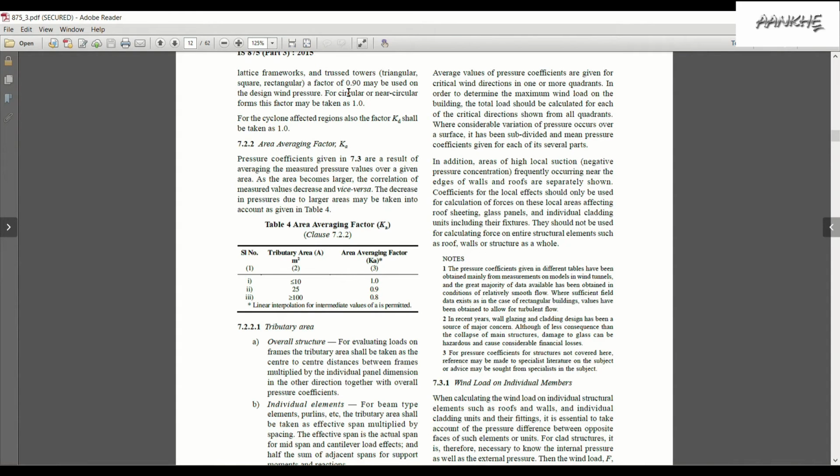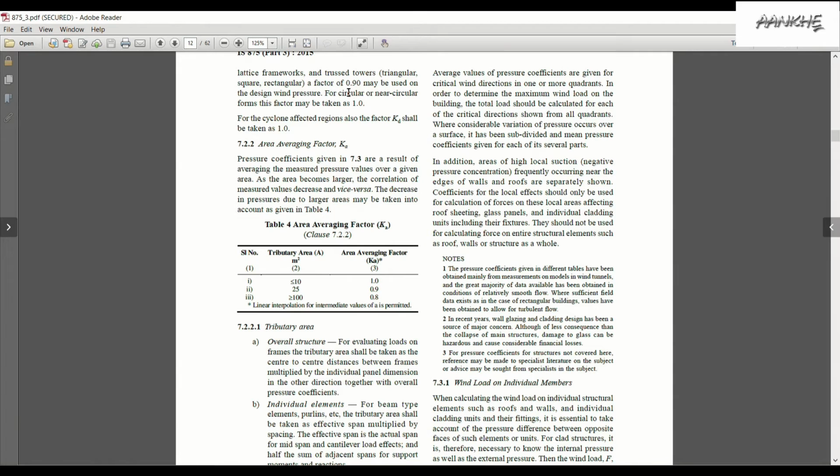Next comes your Ka. Ka is the pressure coefficient where the area averaging factor is there. It says area, your tributary area. In our case we calculated the tributary area 7.5 square meter for bottom frames and more than 7.5 square meter for top frames, or overall approximately 80% of 21 square meter, if you could remember.